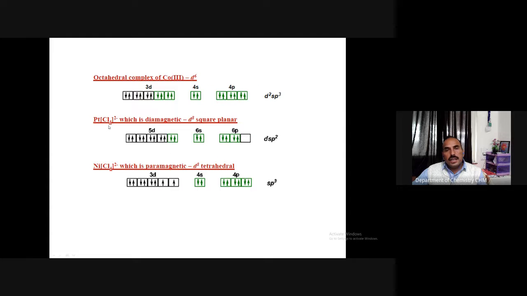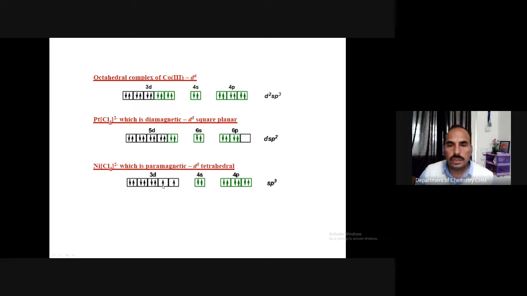In case of, let's say, a d8 system, PtCl4 2 minus, it's diamagnetic. You know it before. Diamagnetic, very good. If it is diamagnetic, it is a d8 system, so you write the box diagram and you just pair the last 2 electrons. For d8, if it is paramagnetic, then you don't have to pair up, like NiCl4 2 minus.